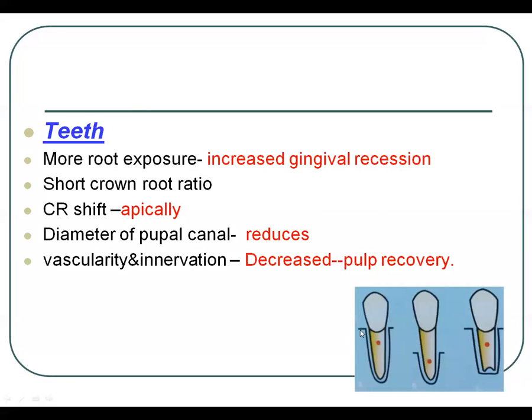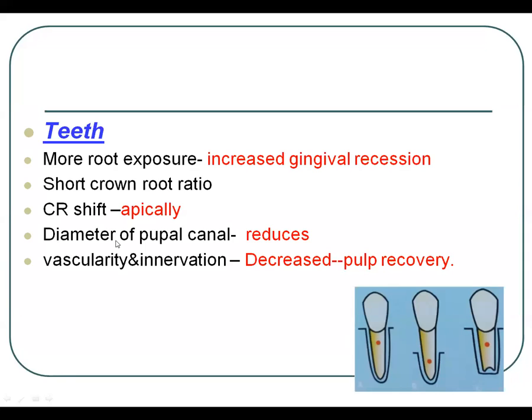As bone resorption and gingival recession take place, the center of resistance shifts apically. You can see in the second image the center of resistance shifted more apically when there is more bone resorption. Or in some cases, if there is root resorption, the center of resistance also changes.